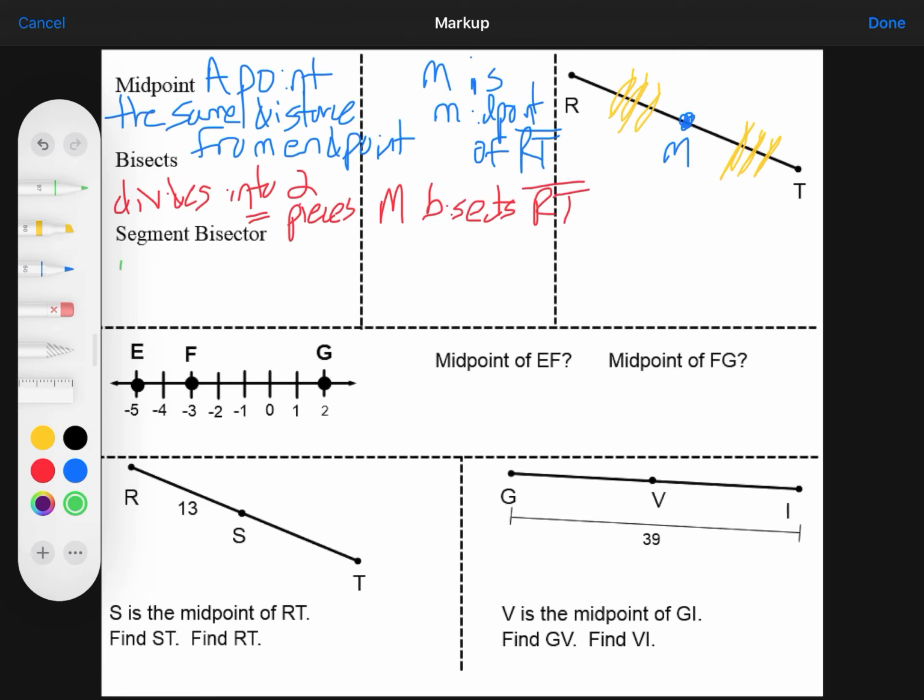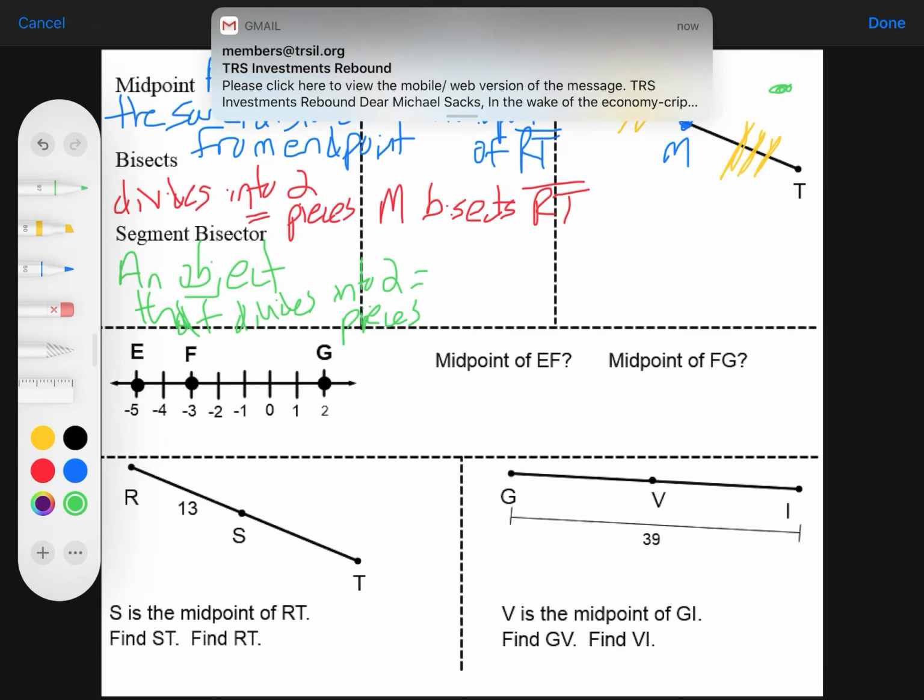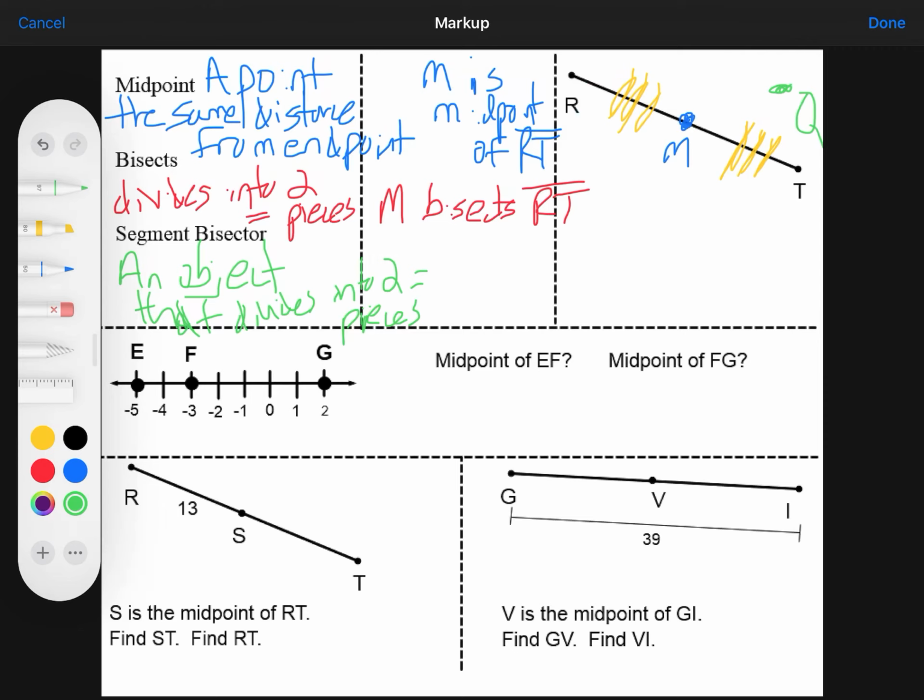Segment bisector is an object that divides a segment into two equal pieces. So we'd have to draw a new object in here. I'm going to just draw a ray. And I'll draw this ray right here.